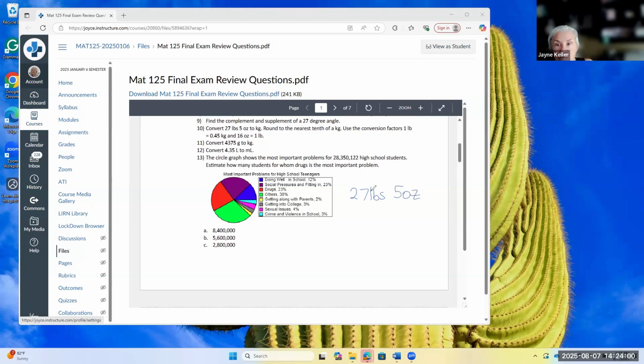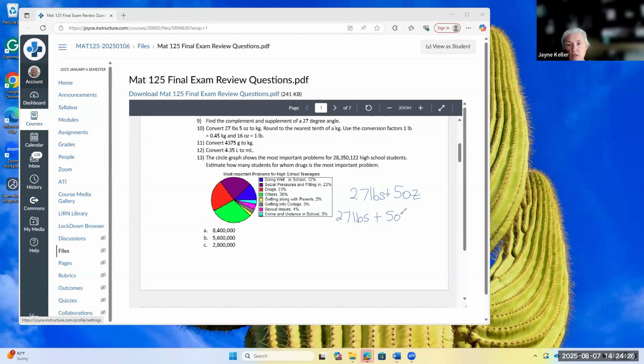And so before I can convert this to kilograms, I need to convert my ounces to pounds. So another way of thinking about this is that this is 27 pounds plus 5 ounces. We don't usually write the plus, but it's kind of implied there because it's a total of 27 pounds and 5 ounces.